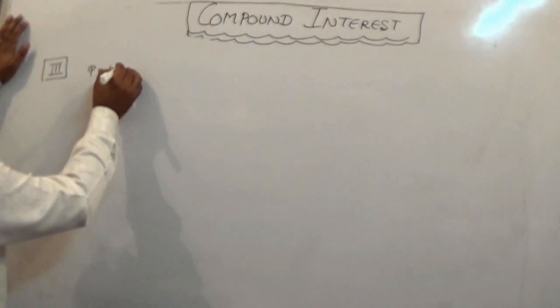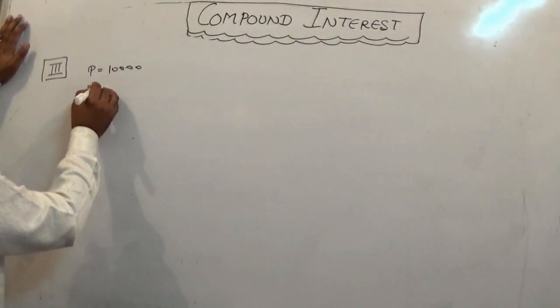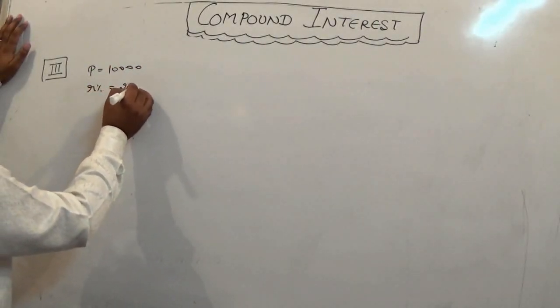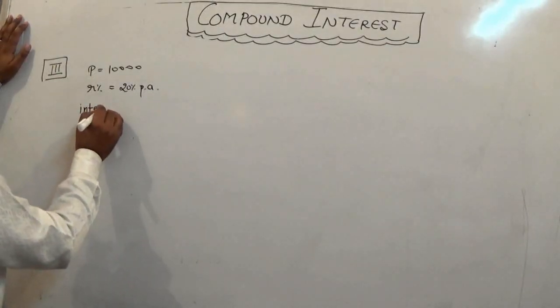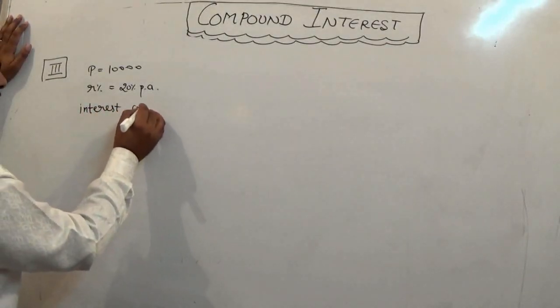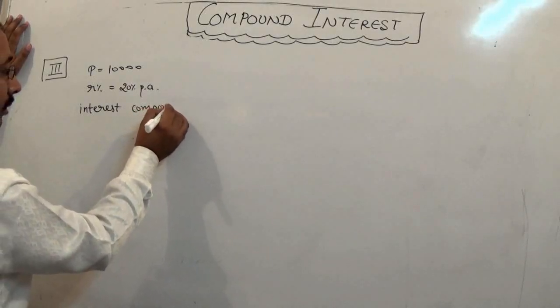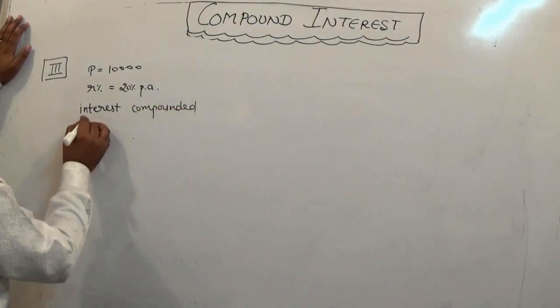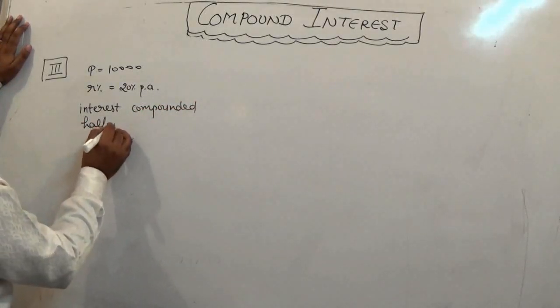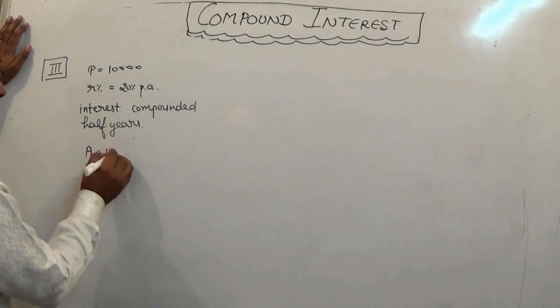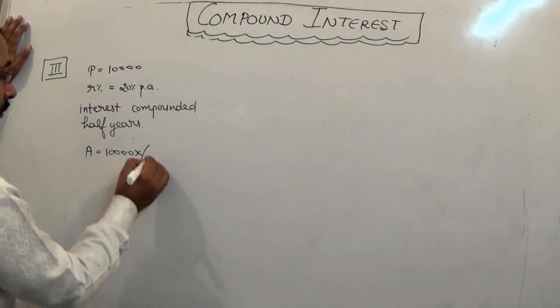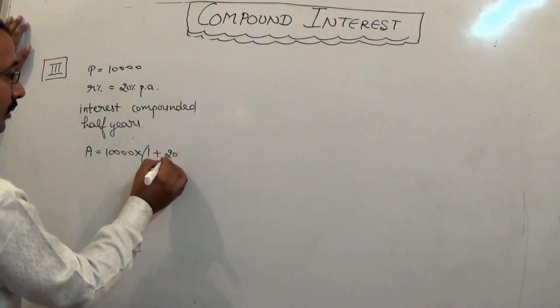It is given that principal is 10,000, rate of interest is 20% per annum, interest is compounded half yearly, and we have to find the amount. So I will do 10,000 into 1 plus 20 by 100.